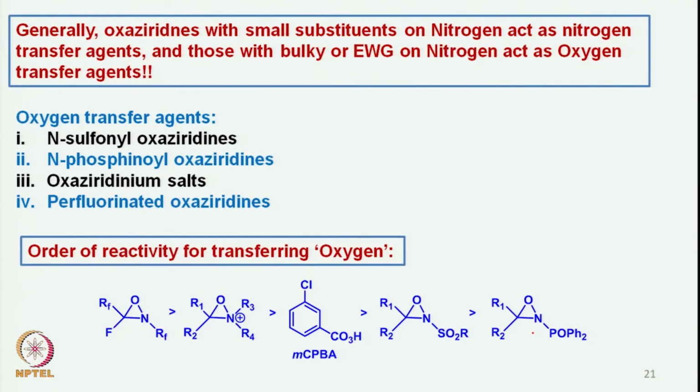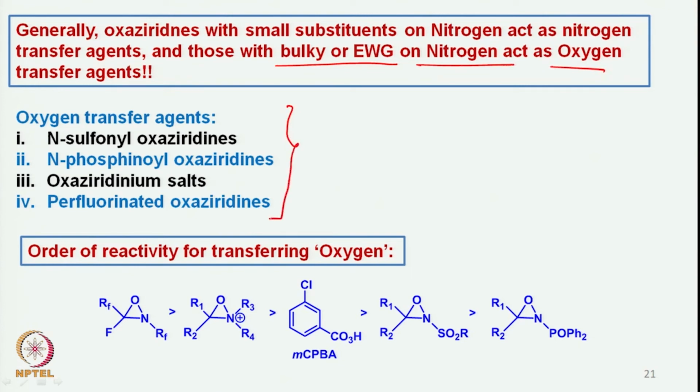Now, as I already discussed earlier, oxaziridines with small substituents on nitrogen act as nitrogen transfer reagents, while those with bulky or electron withdrawing groups on nitrogen act as oxygen transfer reagents. So, what are the oxygen transfer reagents?